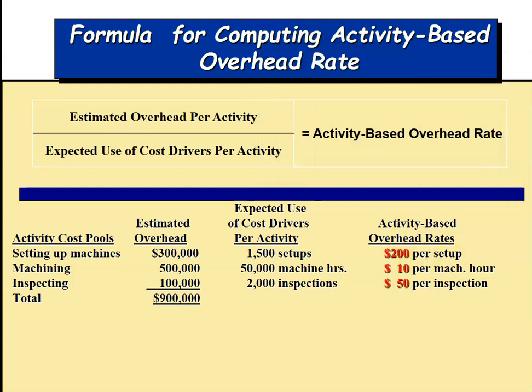Okay, and then we would do the exact same thing for machining to come up with $10 per machine hour, and inspecting $100,000 in estimated costs divided by 2,000 inspections is $50 per inspection.